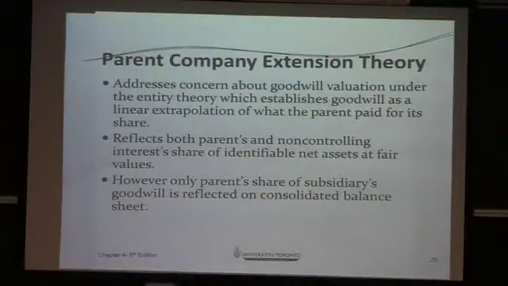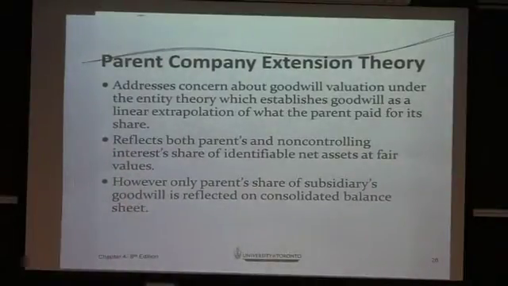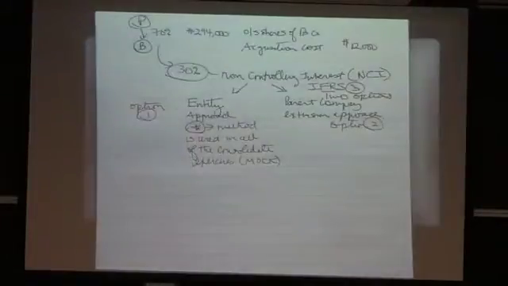So the non-controlling interest will pick up their identifiable assets and liabilities at fair value, but the goodwill amount should only be the parent's proportionate share. We're going to come back to this theory again at the end as we go through the Pork and Barrel question. Let's do that question together.